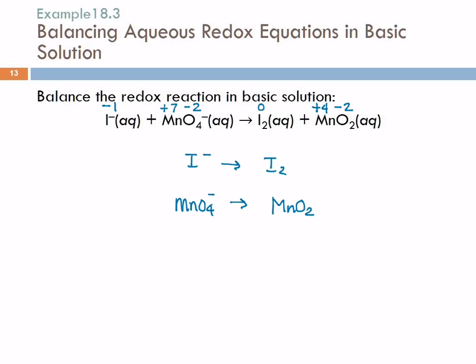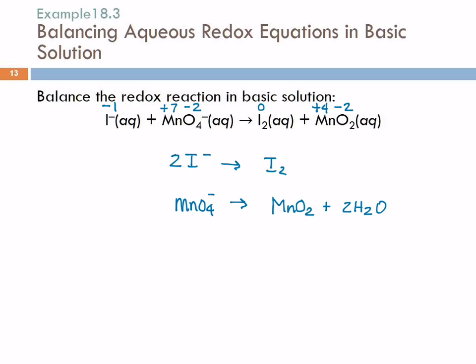Balance for mass first. So here I've got 2 I's on the right. I only have 1 on the left, so I need a 2 there. Down here, I've got 1 manganese on each side, 4 oxygens on the left, only 2 on the right. So I add 2 water molecules to balance the oxygen.